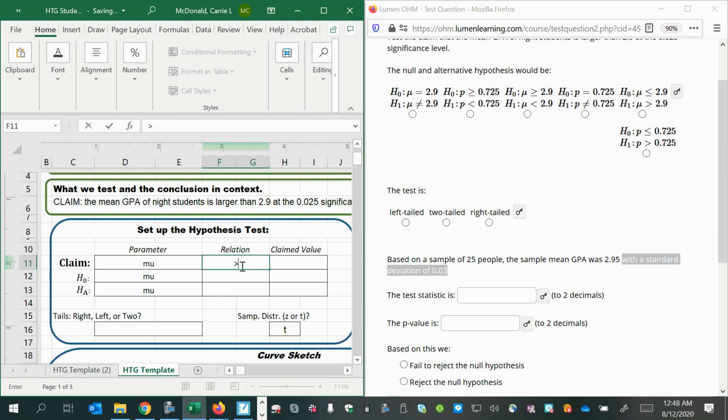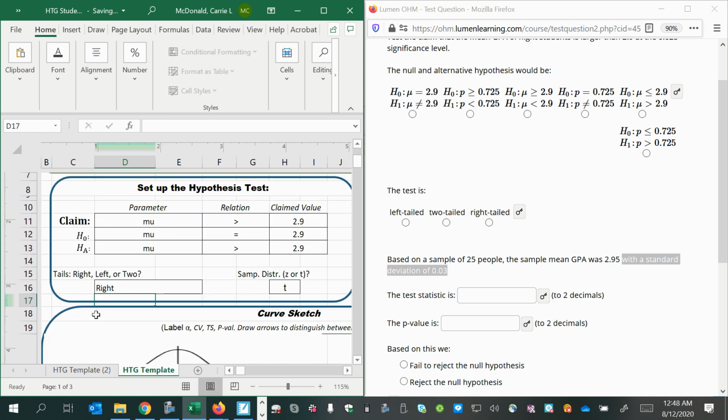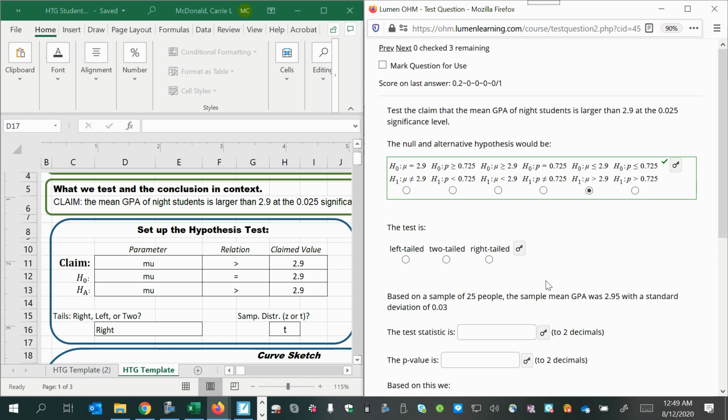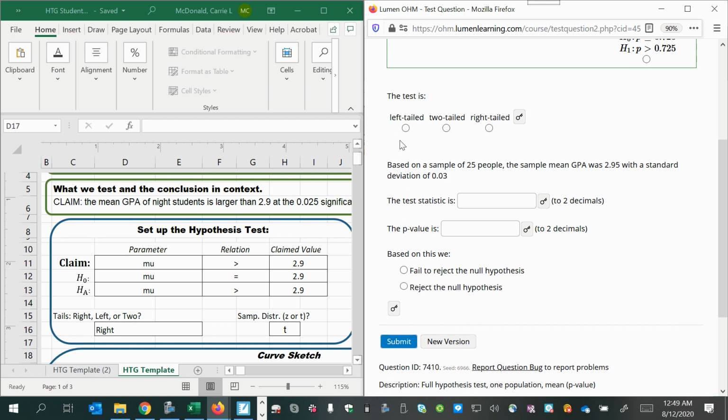The default assumption is that it's equal, and since there's no equality in the claim, it becomes the alternative hypothesis, which makes this a right-tailed test. So we're doing a right-tailed t-test, and we want to pick the mu with the greater than symbol. Of the left tail, two-tail, and right tail, we'll pick right.